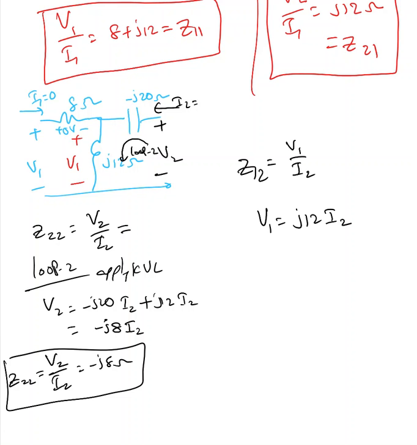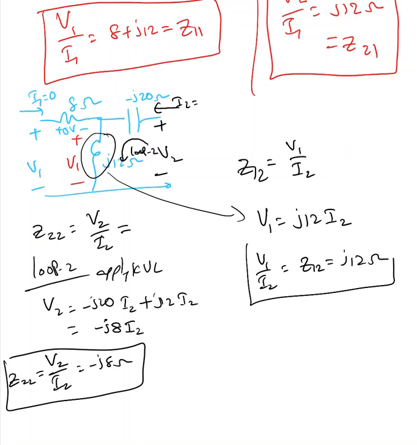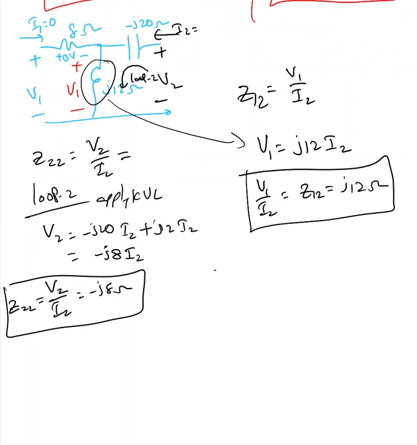So that's what I wrote, V1 equals J12 I2. So V1 over I2 equals Z12, which is the impedance here, in this case J12 ohm. Now I have all four parameters: Z11, Z12, Z21, Z22.